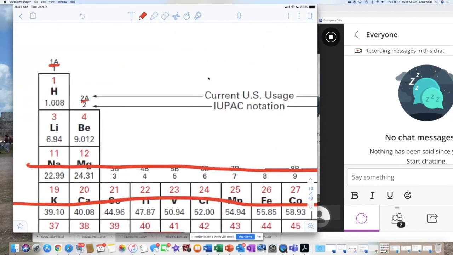You also have the bottom number that's also used. Apparently, scientists decided 1A and 2A was not good enough, so they came up with new numbers, trying to keep these things fresh. So you can be told group 1 is either group 1A or just group 1, okay?